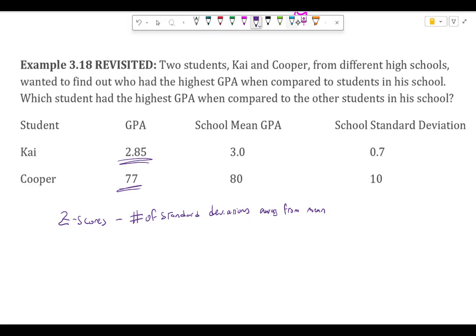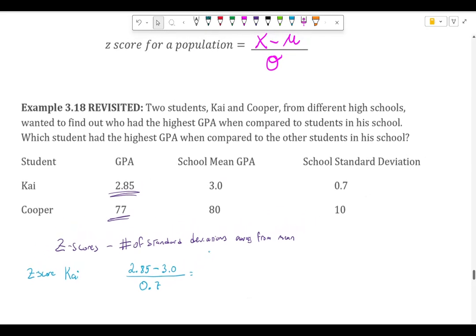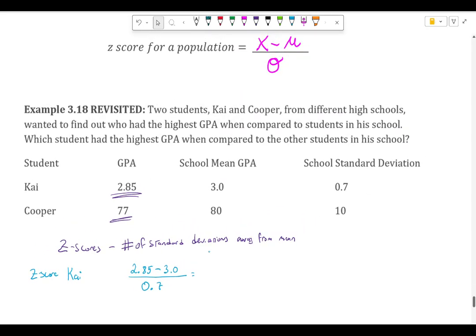I think I used blue for Kai, so I'll do that here again. We'll do the z-score for Kai. It was the score minus the mean divided by the standard deviation. And we got, I believe, 0.15 in the numerator.